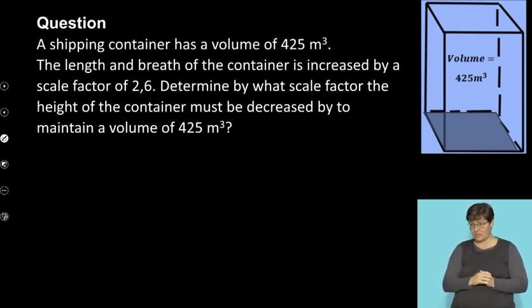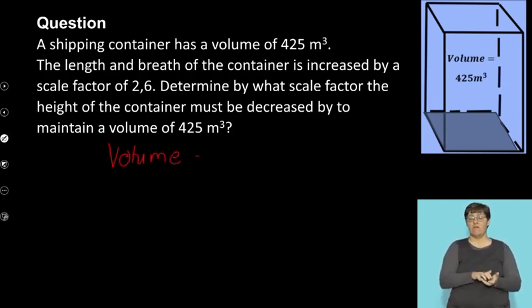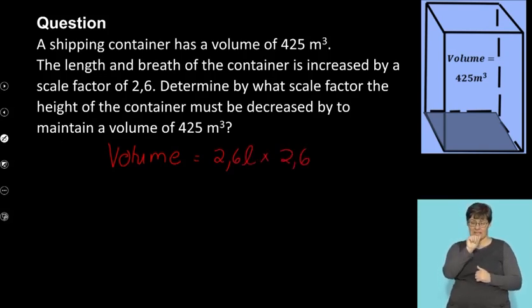So in this case, we know that my volume has been changed in the following way, because of the length and the breadth, so it's going to be 2,6 times my length times 2,6 times my breadth times my height.